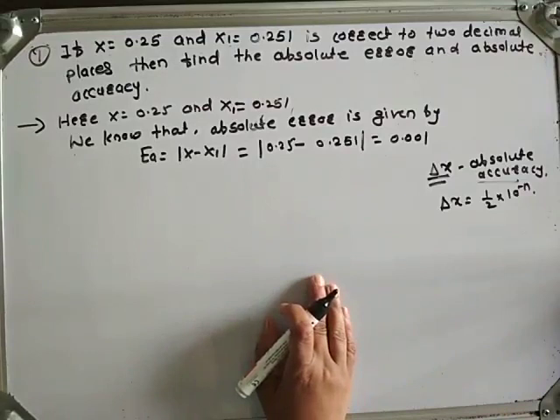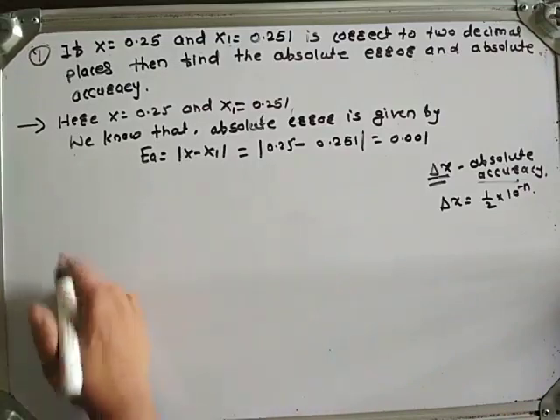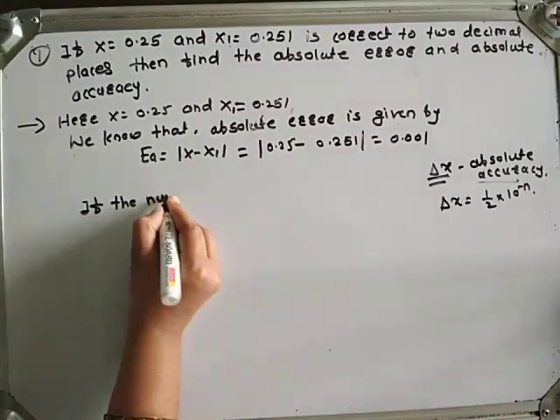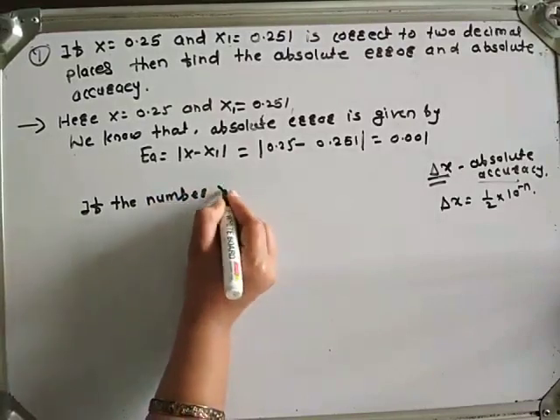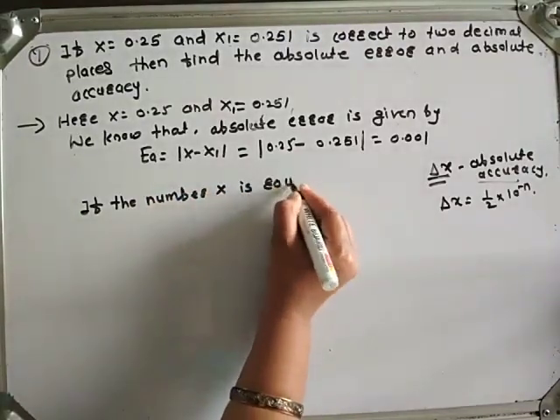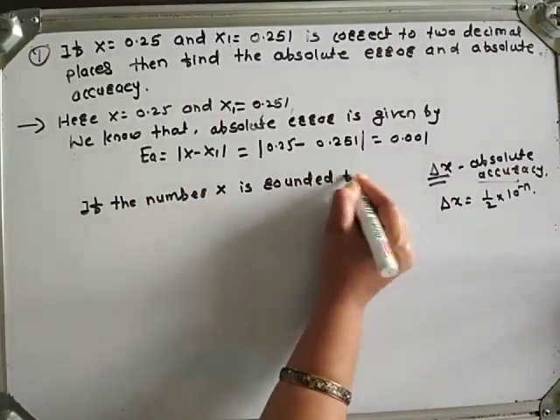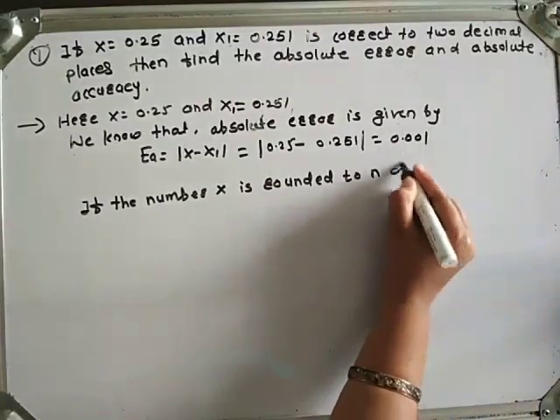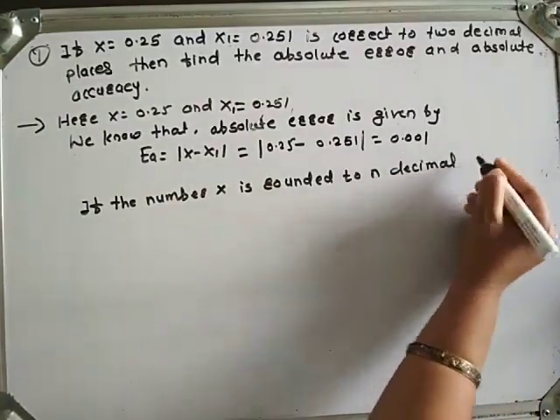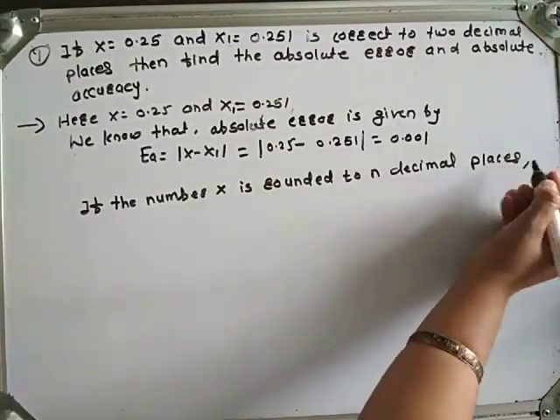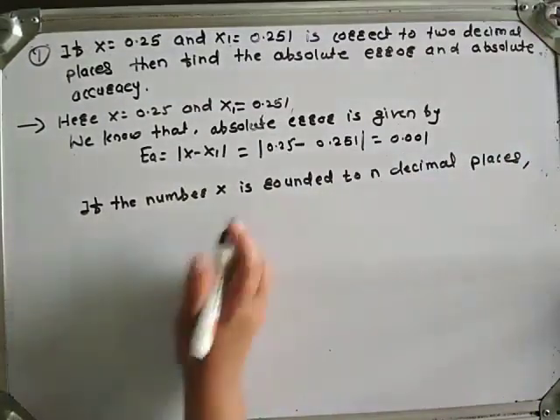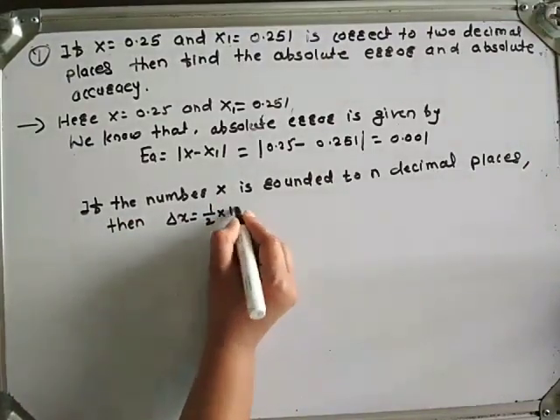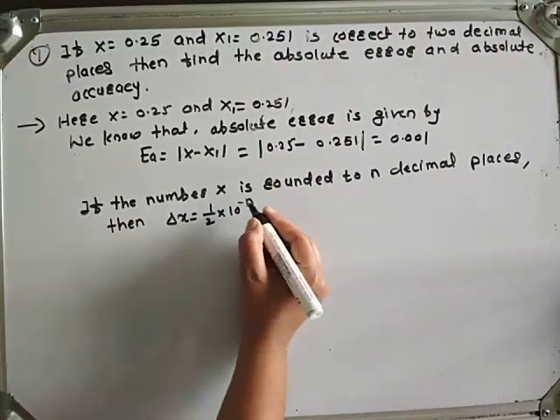In the previous remark we have seen that if x is the number rounded to n decimal places, then delta x is equal to 1 by 2 into 10 raised to minus n.